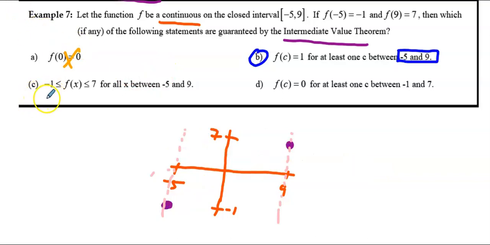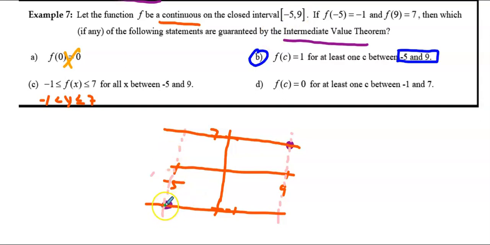All right, let's look at the next part. Part C says that my y value has to be in between 7 and negative 1 for all values of negative 5 and 9. I like this example because, using my house analogy, this is saying I have to stay between negative 1 and 7. Well, I don't have to.